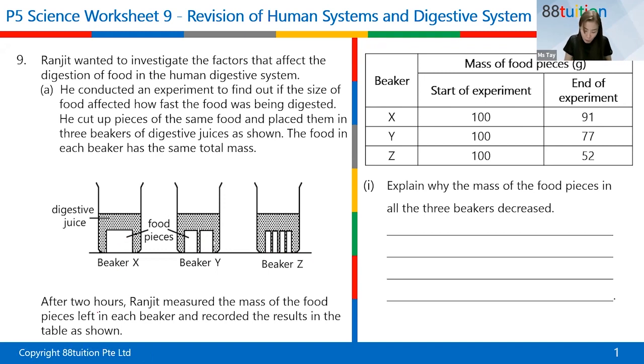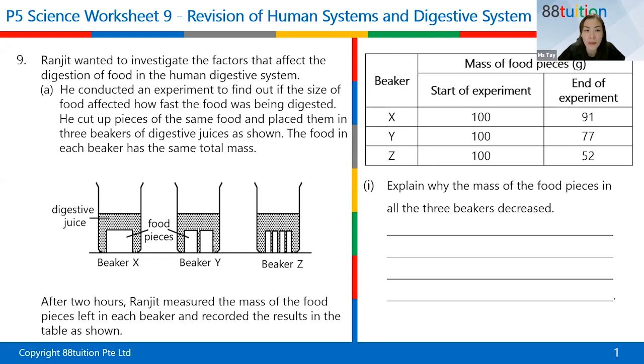After 2 hours, Ranjit measured the mass of the food pieces left in each beaker, and he recorded the results in the table. At the start of the experiment, you have 100 grams of food pieces each in X, Y, and Z. But at the end, you have 91, 77, and 52 grams respectively. So can you explain why the mass of the food pieces in all the 3 beakers decreased?